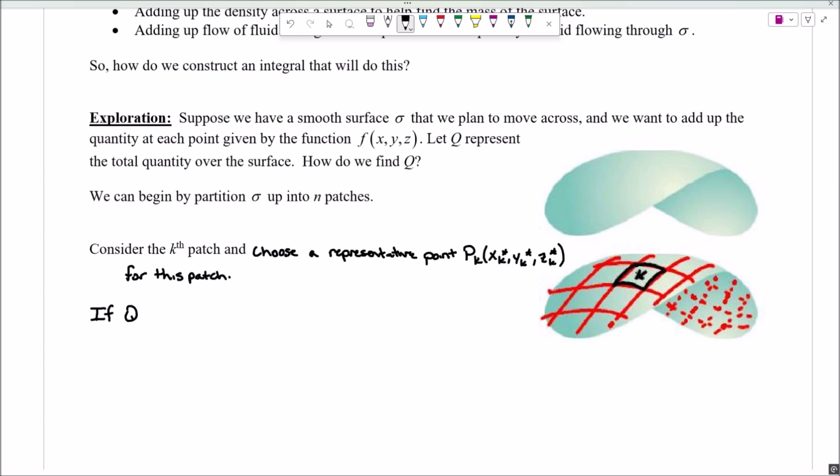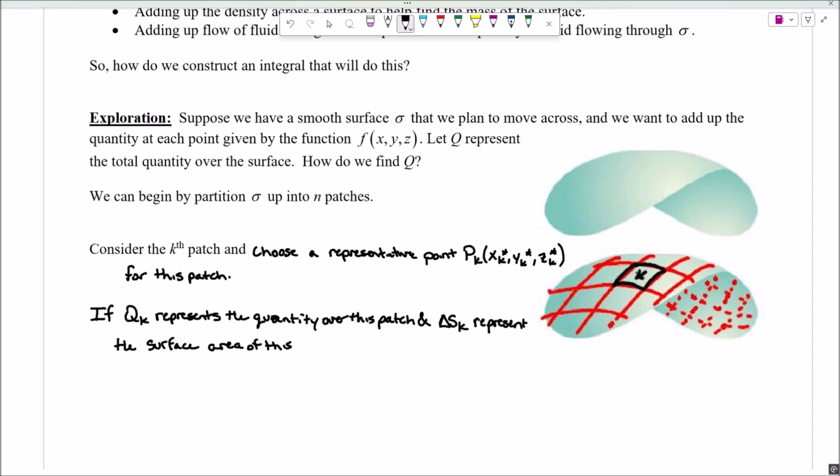I'll say Q sub k represents the quantity that we're after over this patch, and we'll let delta S sub k represent the surface area of this patch. Then I can start to do a couple other things.